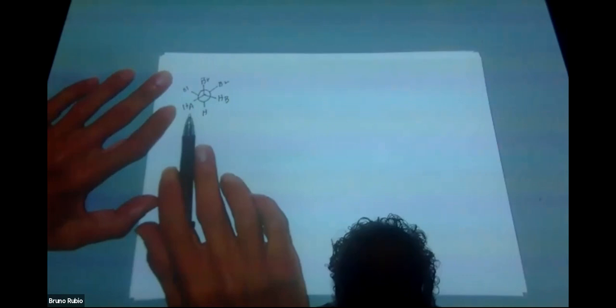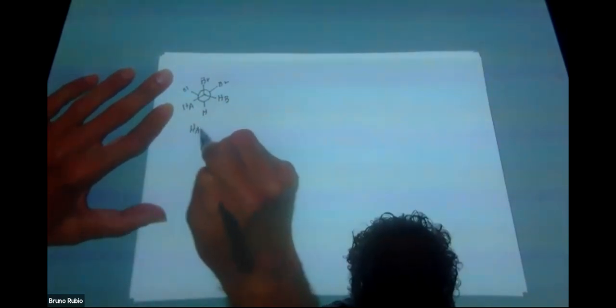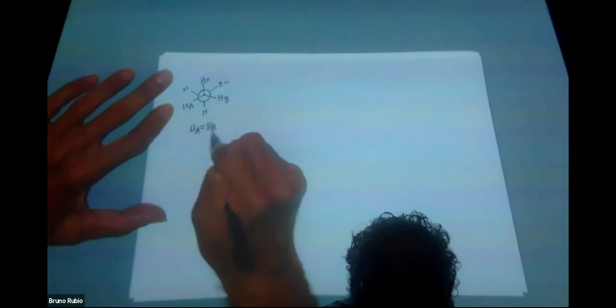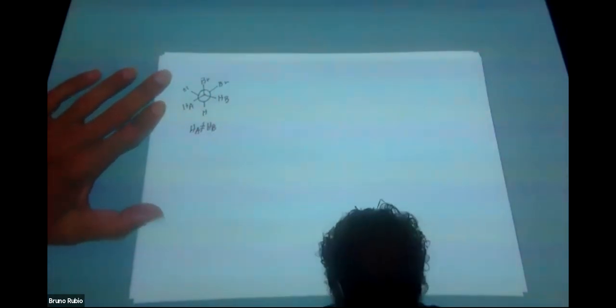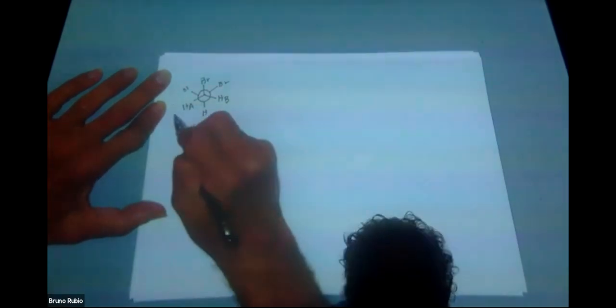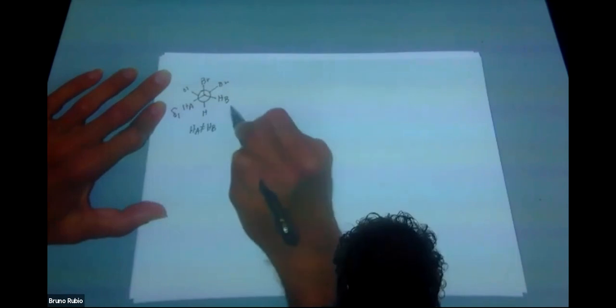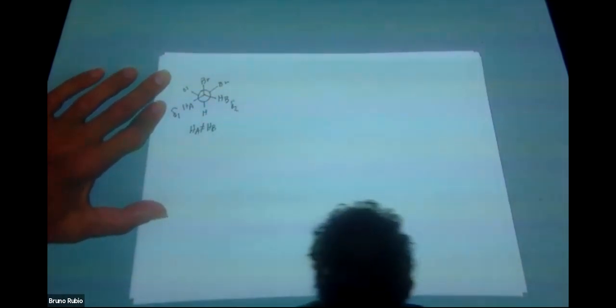So now in this Newman projection, HA and HB are not equivalent to each other. There's no symmetry operation that relates these two. So this is a chemical shift, I'm going to call delta 1. And HB here has a different chemical shift, I'm going to call delta 2.